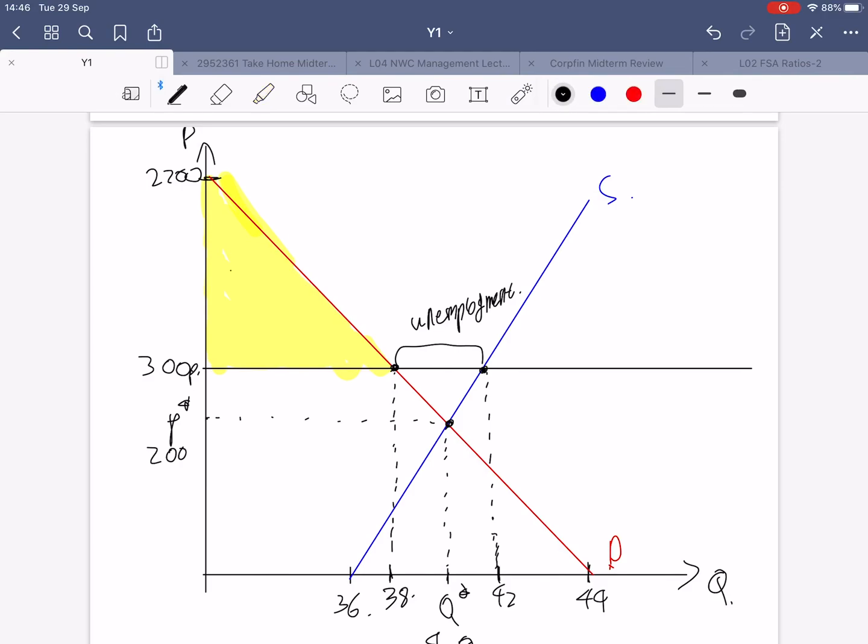New CS, and for the PS I'm going to use purple to show you the new PS, and you can see the triangle is the deadweight loss.